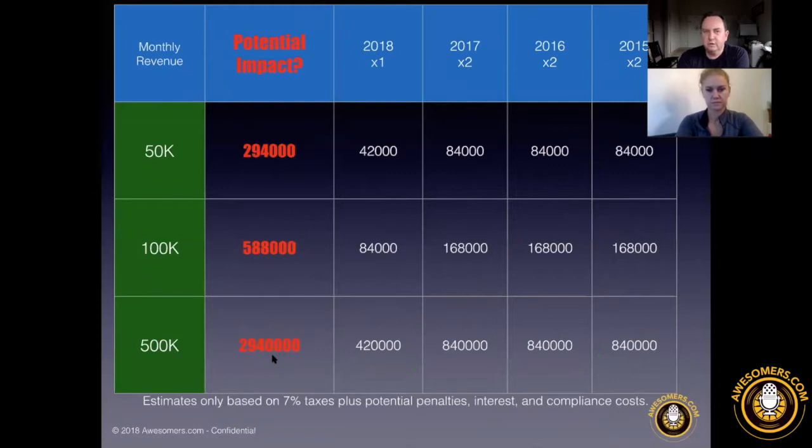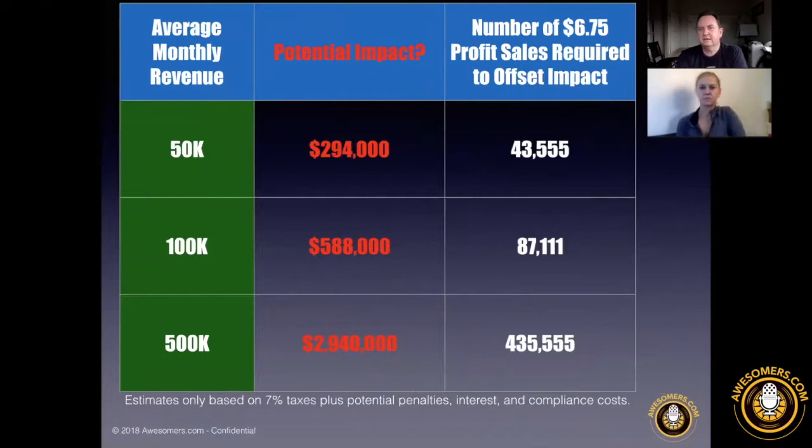But it's even worse than that because here's how many sales it takes if you make $675 per sale in profit. If your monthly revenue is $50,000 and you have that full current plus 3 years of impact, you need to make 43,000 sales to make up that difference. Your next 43,555 sales, you're working for the man.